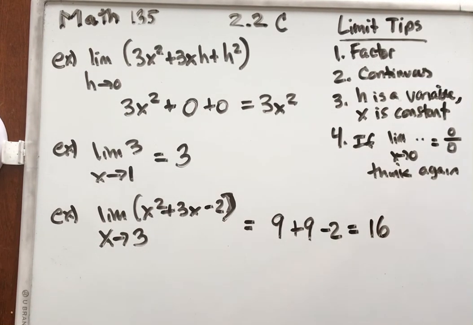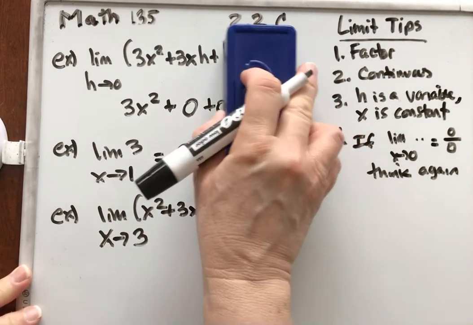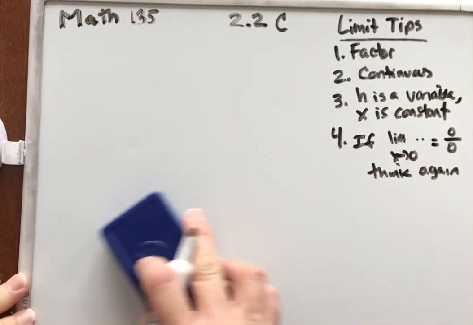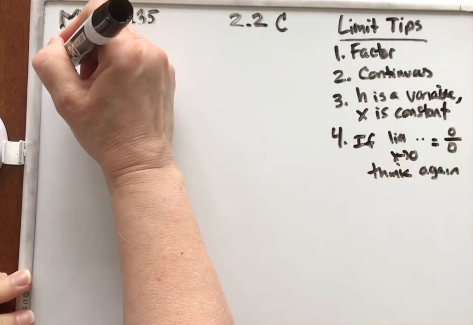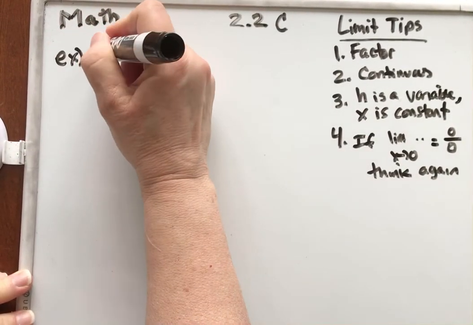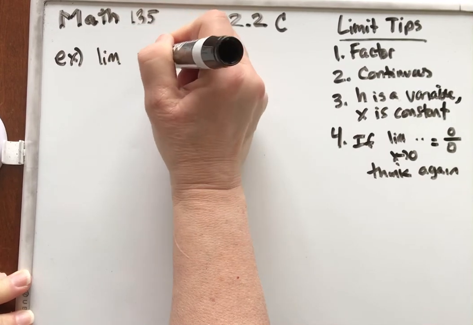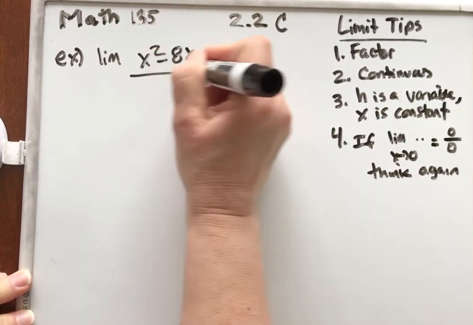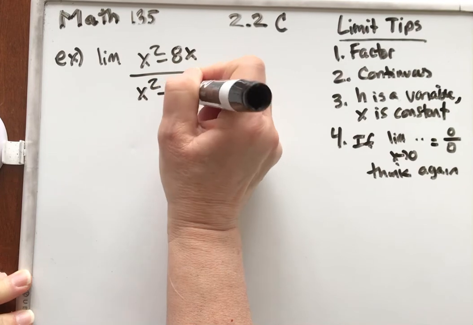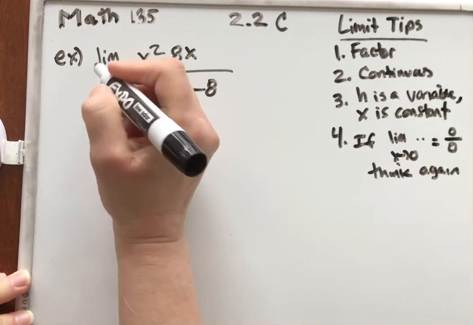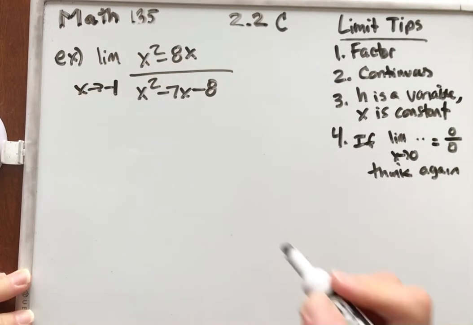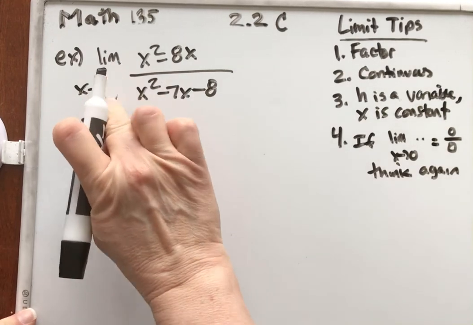Okay, let's see if I have another one. I do have another one. So I'm going to leave this up here for you while we go and do this one. Okay, so here's an example. The limit of x squared minus 8x all over x squared minus 7x minus 8 as x approaches negative 1. So I'll give you a moment to write that out.